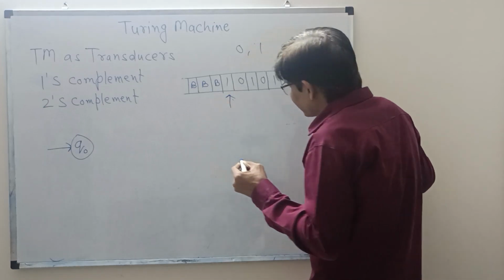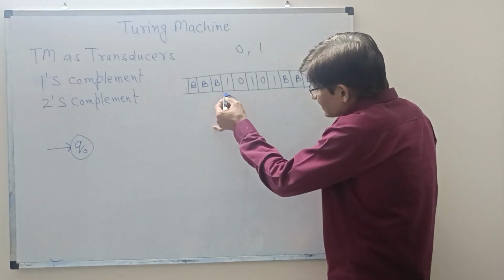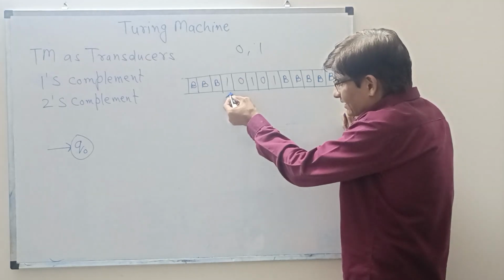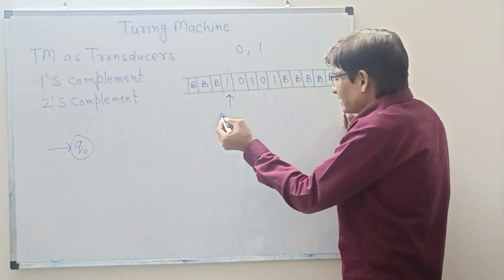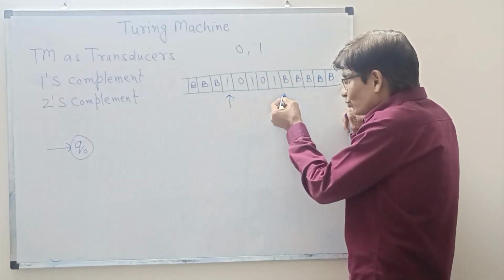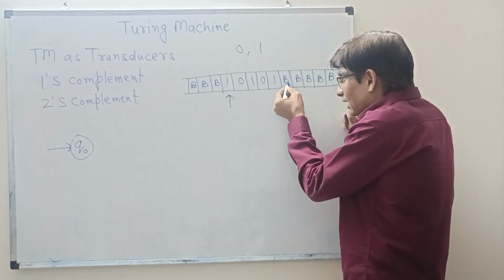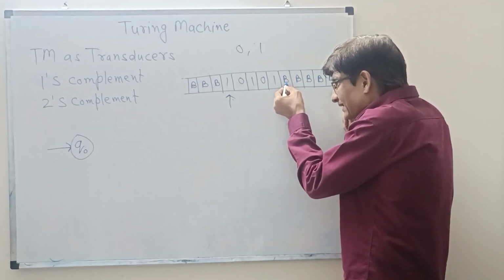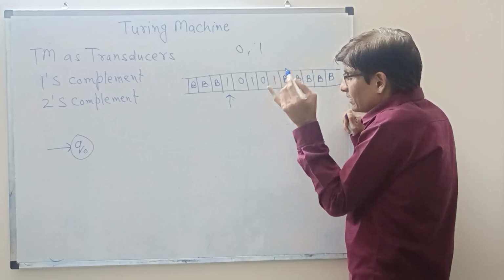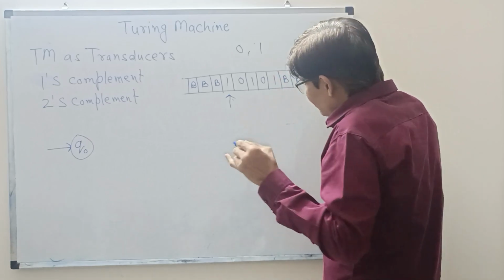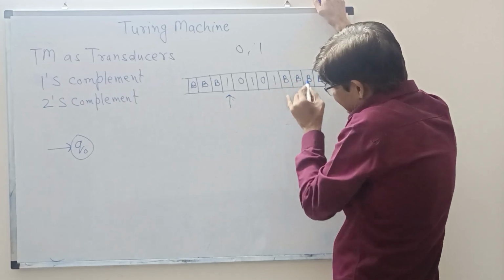How would we be doing it? So we will first skip all these bits, whether it is 1 or 0, we will leave them as they are, and we will move towards the right, until we get a blank.